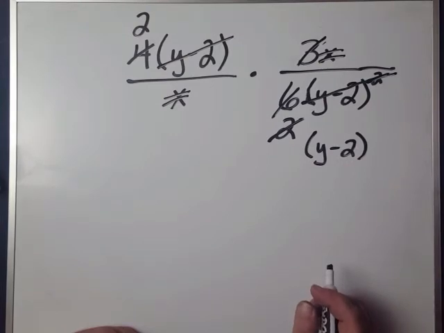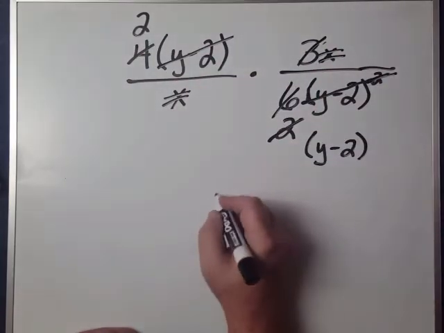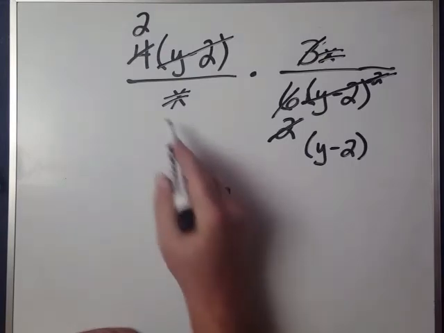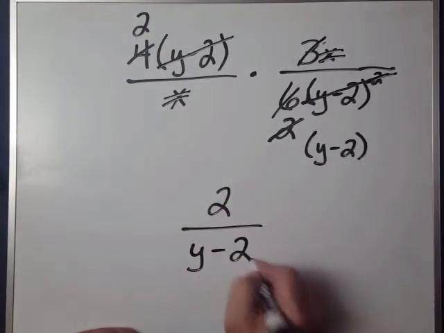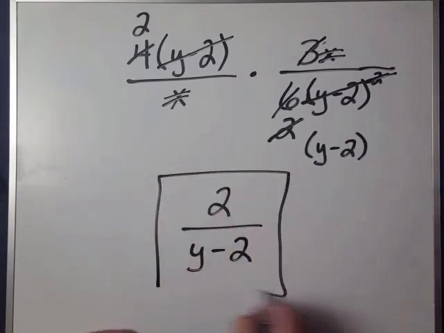Just be sure you collect all the surviving factors, which is the part we're at now. We've cross-canceled everything that can be cross-canceled, and so our survivors in the top, just that 2. In the bottom, the only thing that survived is that y minus 2. It doesn't need its parentheses anymore because it's the only factor in that denominator.